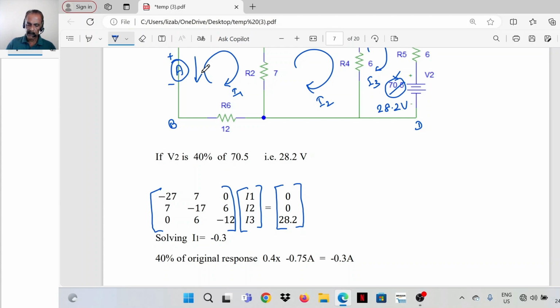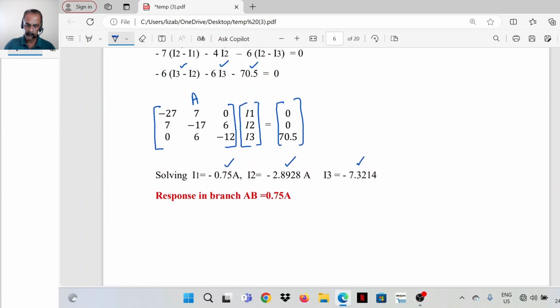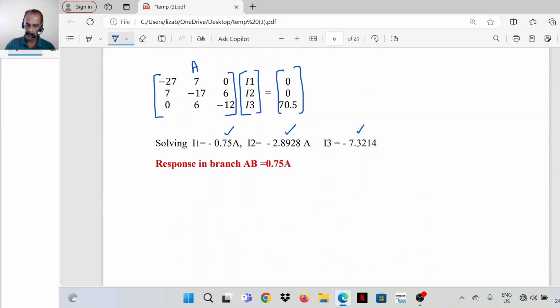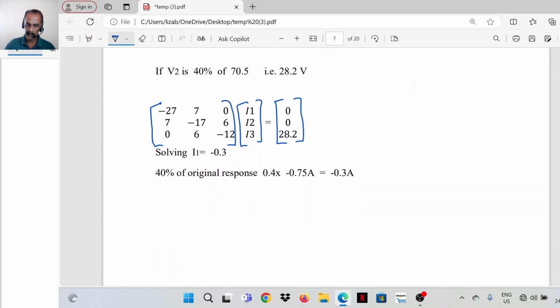So the excitation is reduced to 40%. What was the response in the first case? 0.75 ampere. Now what is 40% of 0.75? 40% of 0.75 is 0.3. That means the excitation to response ratio is the same also.